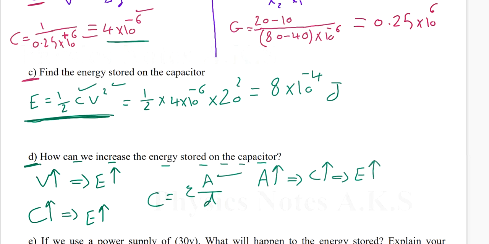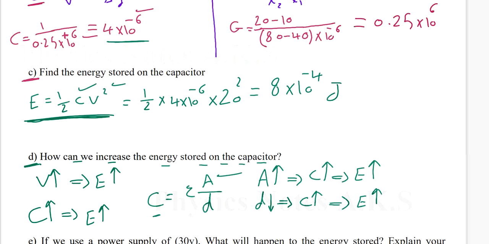Another way is to decrease the distance. This is D, by the way. Sorry for my bad handwriting. When we decrease the denominator, this will make the C increase. So when we make D smaller, it means we bring the plates closer to each other. This will increase the capacitance, and it will make the energy increase also.